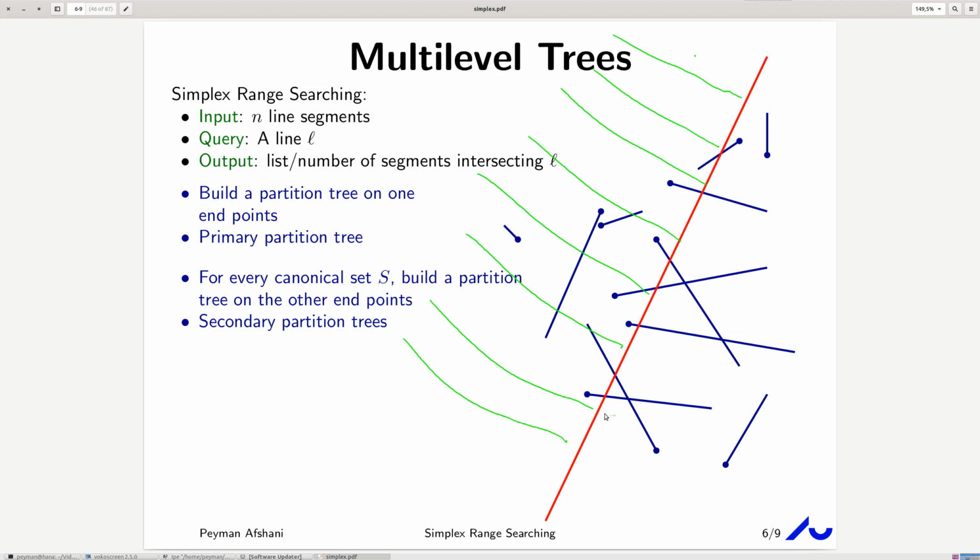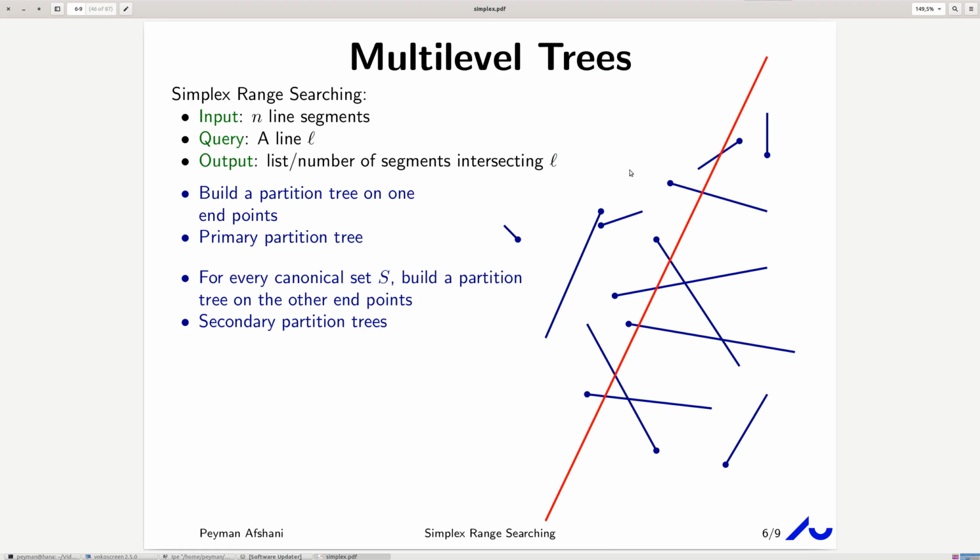Then for every canonical set, I store the other endpoints of the line segments associated to them in a secondary partition tree.